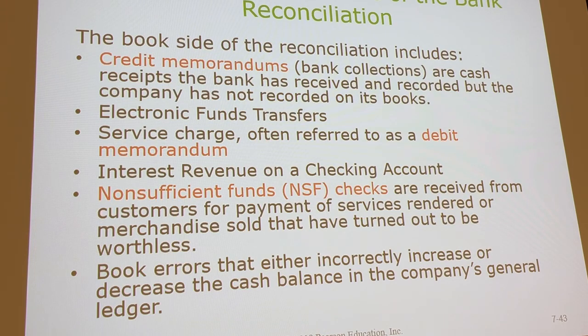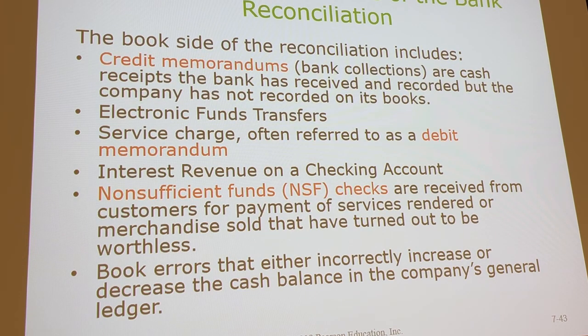And if our company doesn't find out until we receive our bank statement that the bank collected from our customers on our behalf, then we would have to make a positive adjustment for those collections on the book side of the reconciliation.